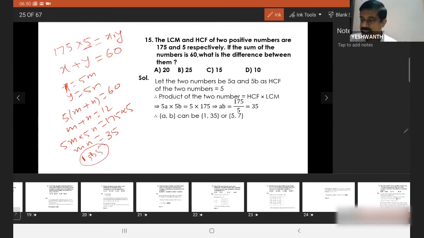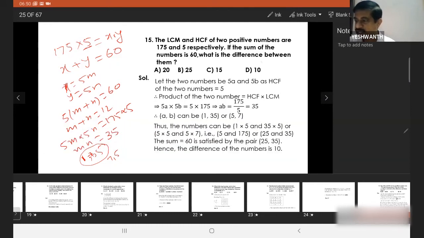That means mn is 35 is satisfied, but m plus n should be 12. So this is not satisfied. If m is 1, n is 35, this is not satisfied. So what is the other possibility now? 7 fives are 35, and 7 plus 5 is 12. So satisfied. So the numbers should be 5 and 7.